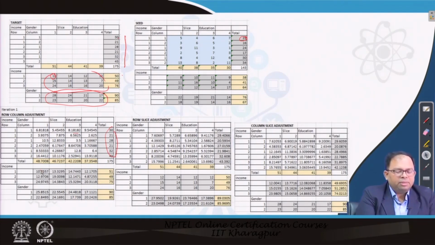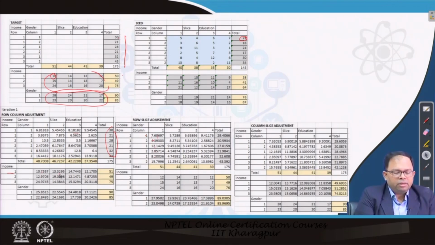Target divided by the summation of this particular value, we can find the proportion, and then we can multiply with this. This is income level 1, so we multiply this particular row and this column. Then for income level 2 we multiply these values and so on.